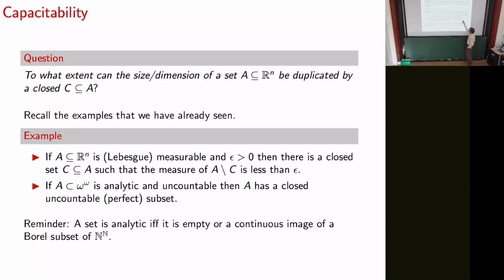So for Lebesgue measure, this fact, we rely very strongly on the fact that Lebesgue measure is a sigma finite measure. Rn is a countable union of sets of finite Lebesgue measure. Okay, and secondly, we also mentioned that if you have an analytic set and it's uncountable, then it has a closed, uncountable, perfect subset.